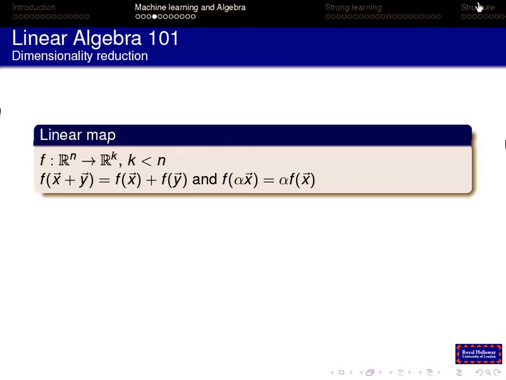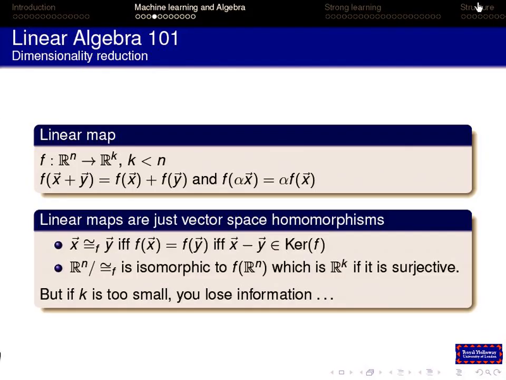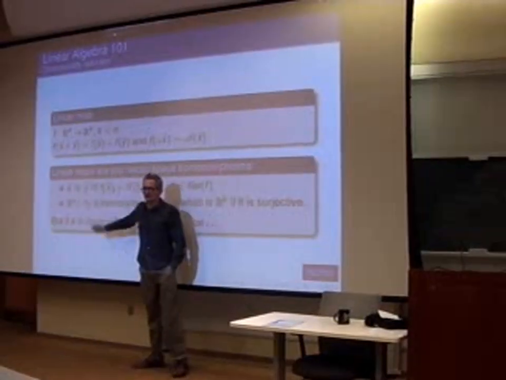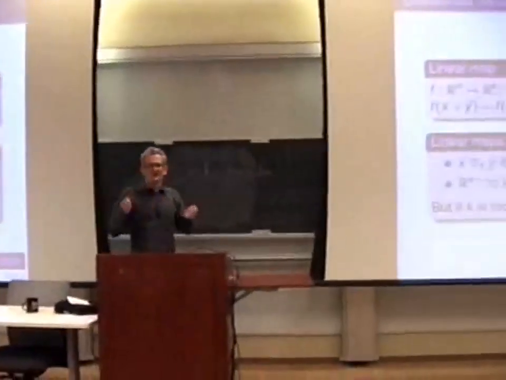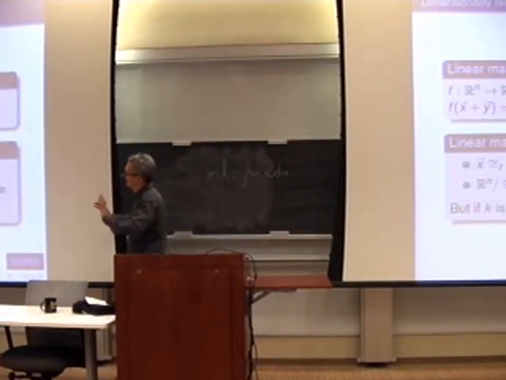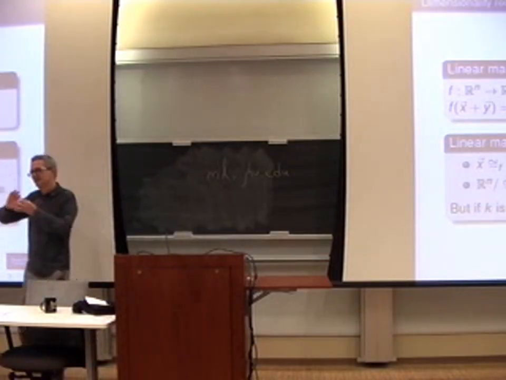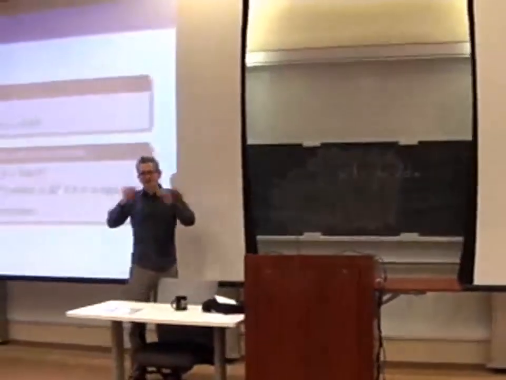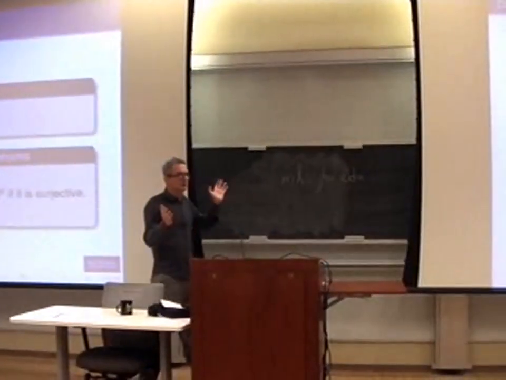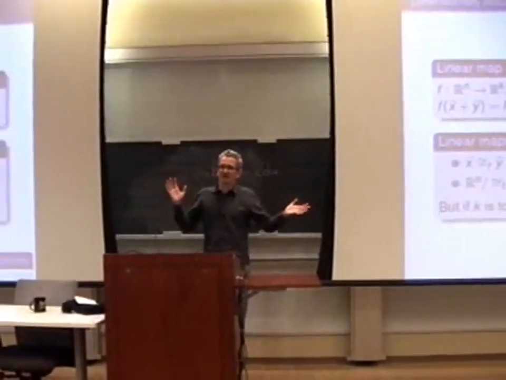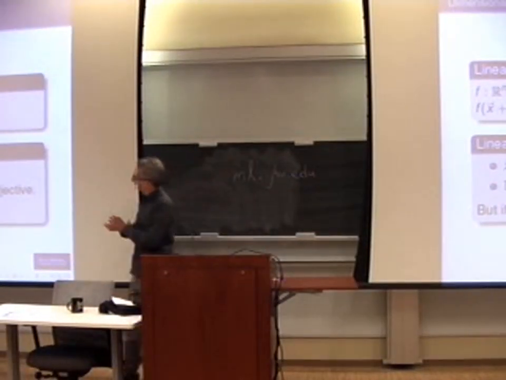So zooming out a little bit, a linear map is just a homomorphism of the vector space, and the homomorphism is going to define a congruence relation between elements of the original space, where we say that x and y are similar to each other if their difference is in the kernel of f. So what we're saying here really is that we have this high-dimensional space. Some dimensions we're interested in, and we're not interested in other dimensions, so we're going to map it to a smaller space that collapses the uninteresting dimensions to a point.